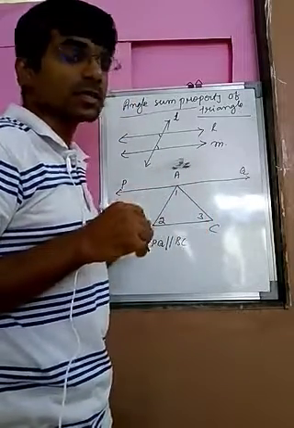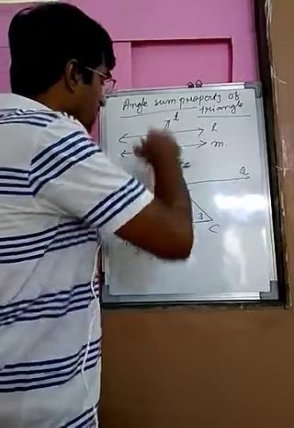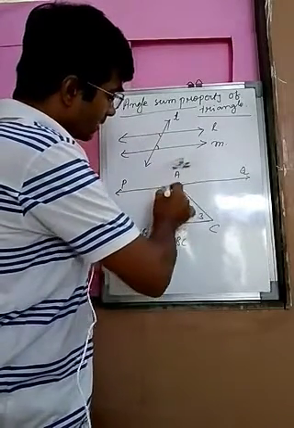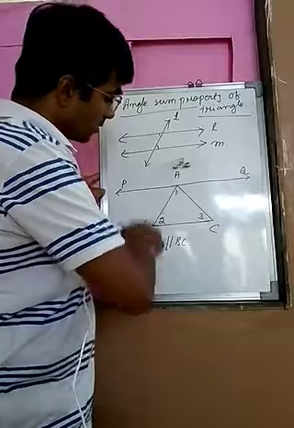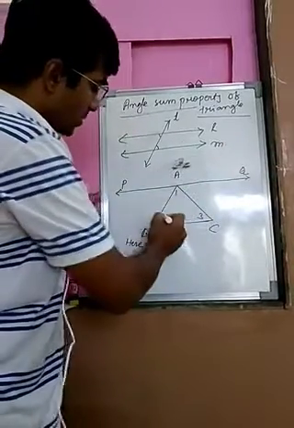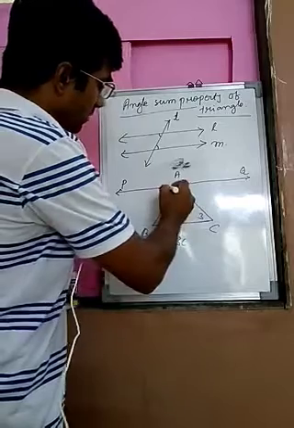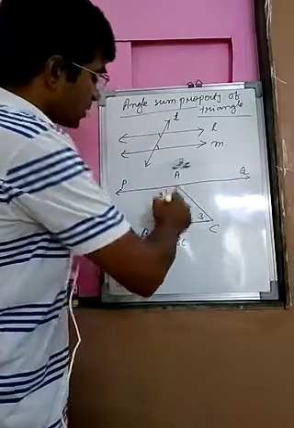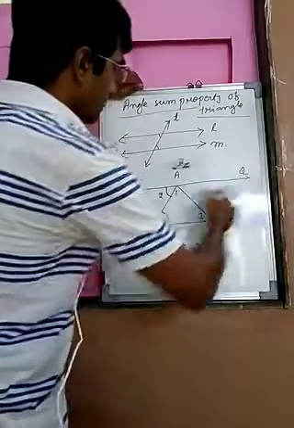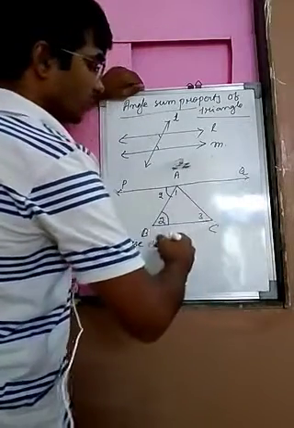This is what the theorem says. So here these two angles are equal. So angle 2 can be drawn here, because these both are equal. Same way, this line PQ and this line BC are parallel to each other.